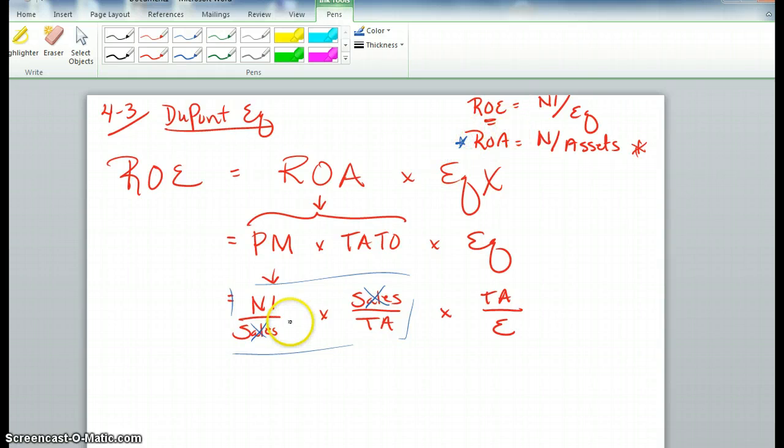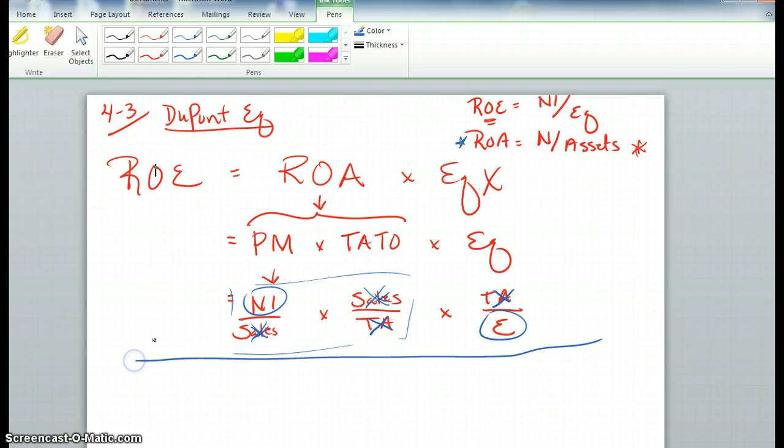And then return on equity, we have total assets in the denominator and numerator that we can eliminate, and we're left with net income over equity. And that is why the DuPont equation works.